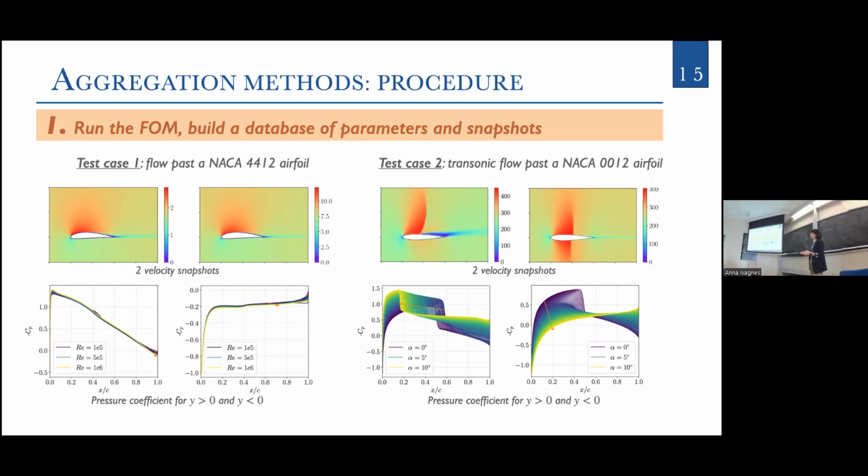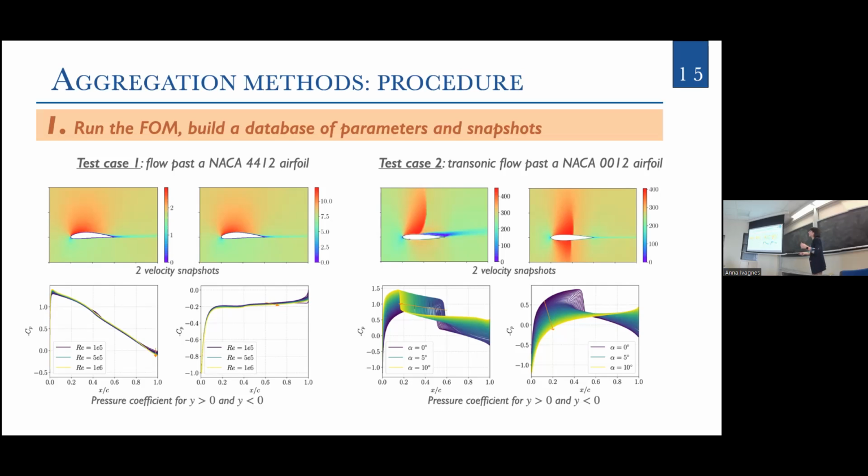Here in the second row, in the second part of the slide, you can see the pressure coefficient trend. The pressure coefficient is a measure of the force acting on the airfoil. And here you can see two different plots because we distinguished the forces on the upper and on the lower part of the airfoil. And here you see how the pressure coefficient varies with the parameter that we have in our database.